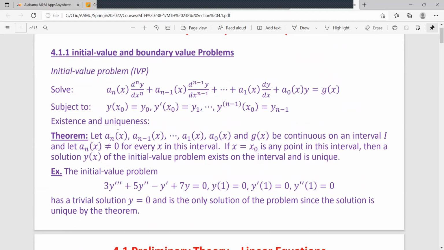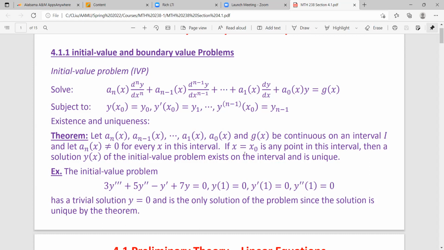The only requirement is for those coefficient functions, and g of x, the right side of the equation, to be continuous. Then essentially you can give any initial condition at any point in the domain of the problem, and the initial value problem has a unique solution.